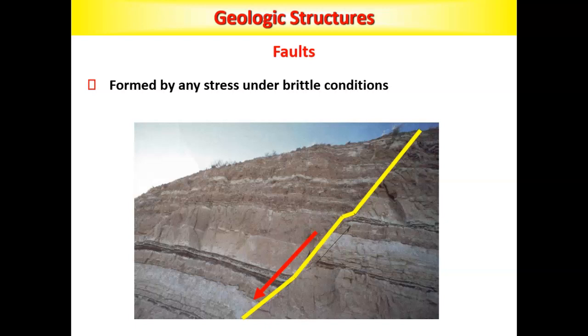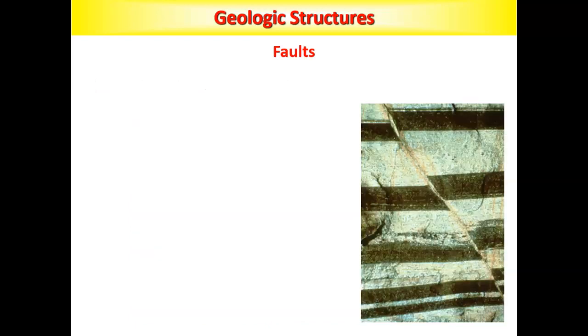We want to look at those because they have different properties, and we're going to give them different names. There is a convention for how we look at faults and how we name them.